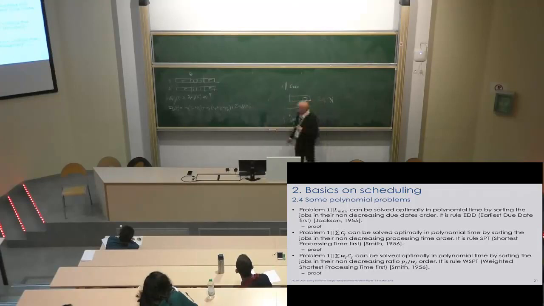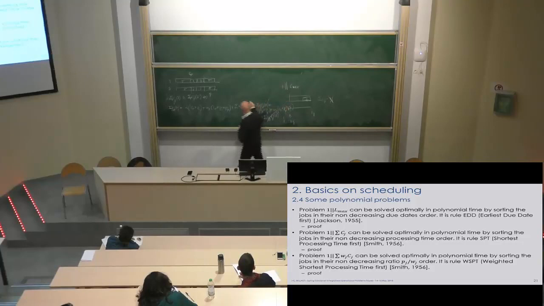And this is less than or equal to the same quantity for S prime, plus the contribution of job j, plus the contribution of job i, plus the contribution of the jobs in pi.